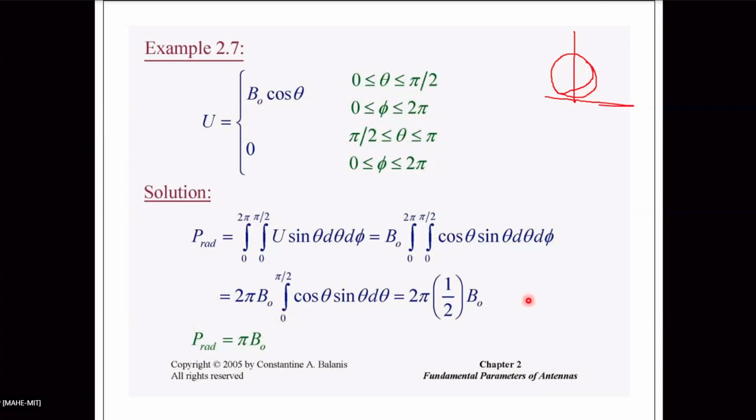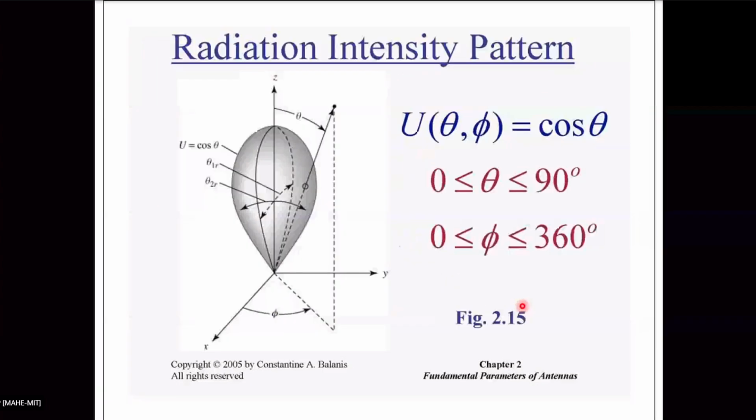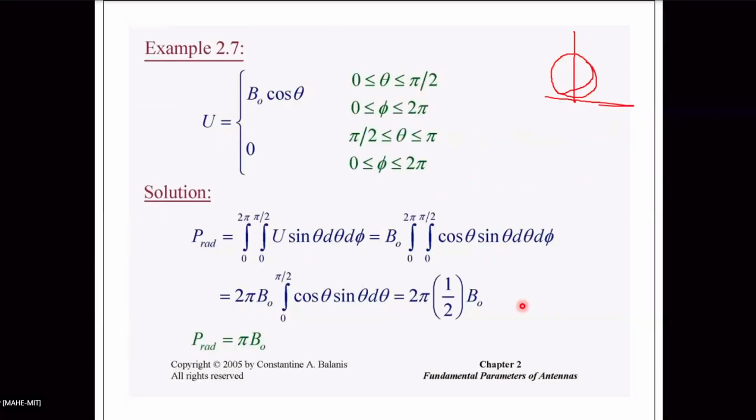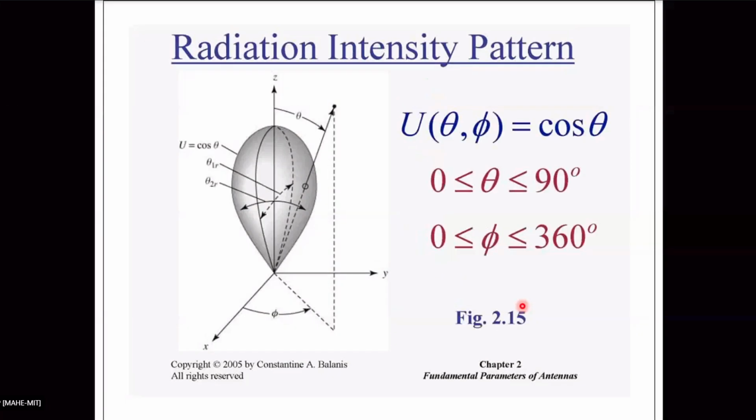Now let us go to the next slide. Cos theta is given. Find out theta 1 r and theta 2 r.